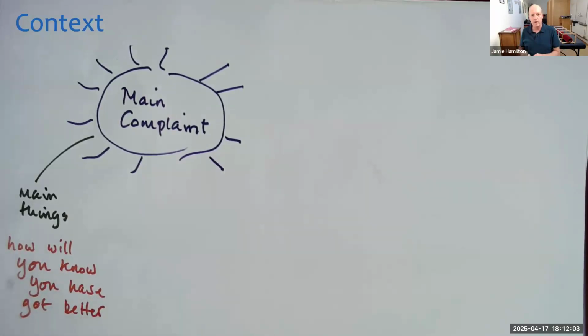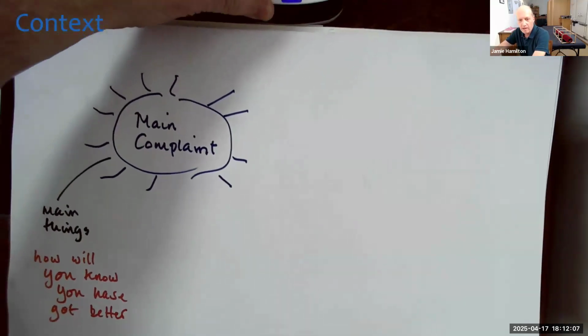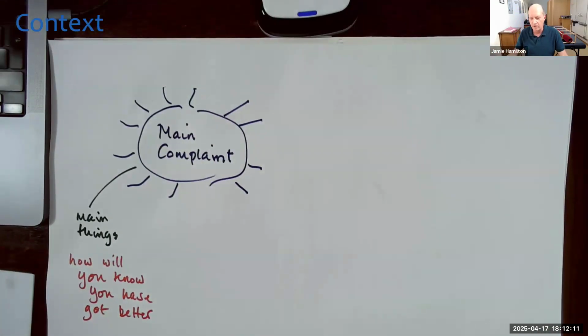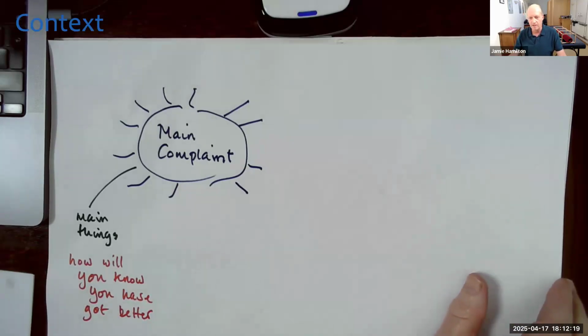I'm sure you might have had this kind of experience with people, that there are many, many things that some people come with, and it can be hard to unpick which one is the most important thing. So if you can boil it down to a main complaint, it's extremely useful for the diagnostic process in general.